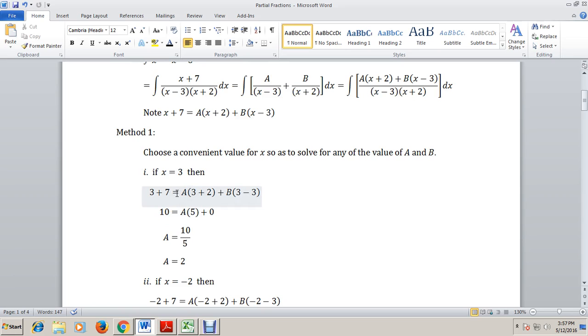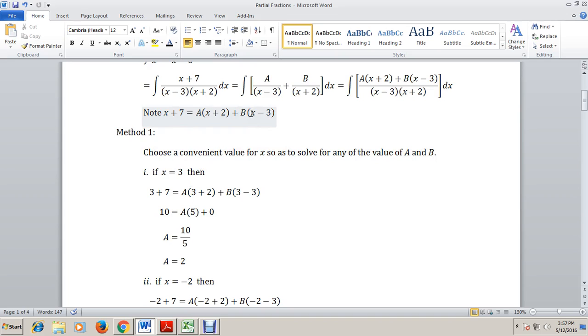If we want to solve for A first, that means the expression with B should somehow be equal to 0. So we realize that if we assign a value for x equal to 3, remember this method is you have to choose a convenient value for x.